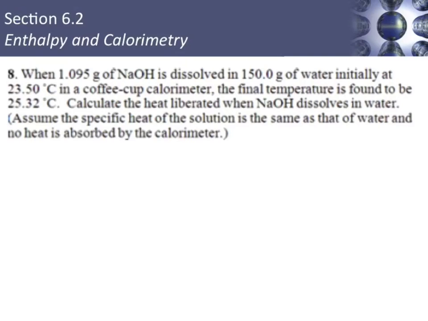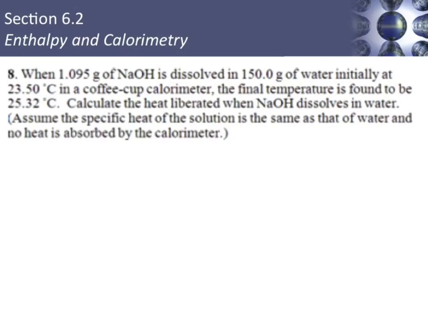Calculate the heat liberated when sodium hydroxide dissolves in water. Assume the specific heat of the solution is the same as that of water and no heat is absorbed by the calorimeter. So when you see the keywords, no heat is absorbed by the calorimeter, that should make you happy.